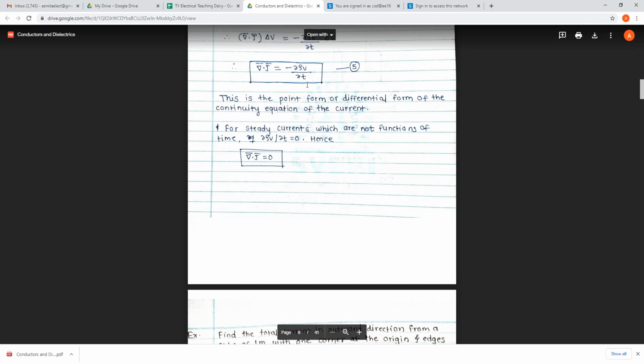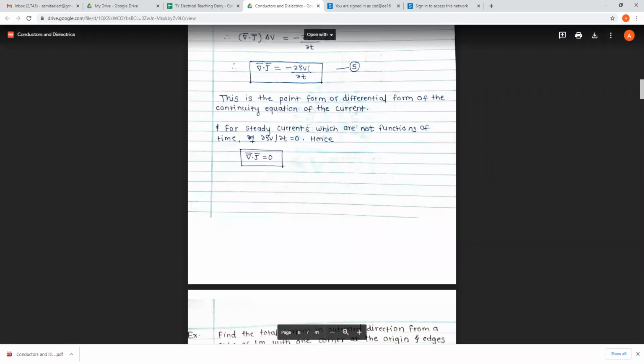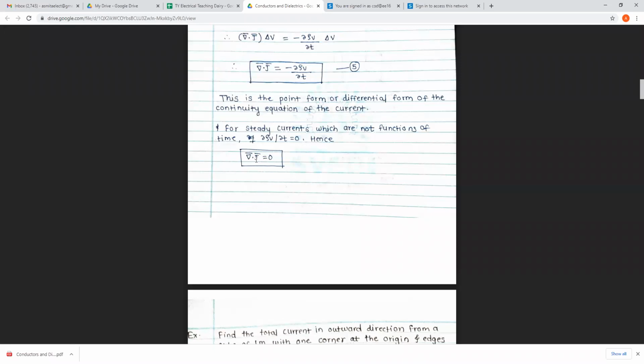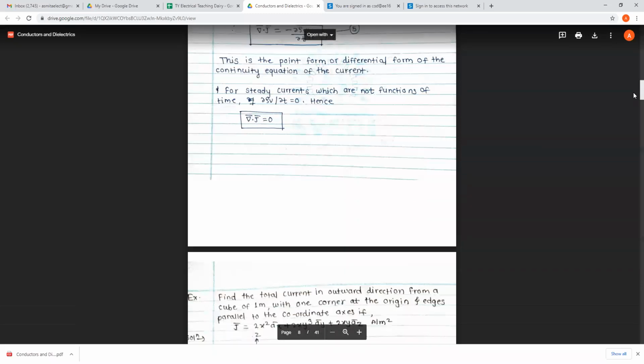Or, for steady currents which are not functions of time, equation number 5 shows the point form for time varying fields, and the last equation, del dot j bar equal to 0, is for the static field.